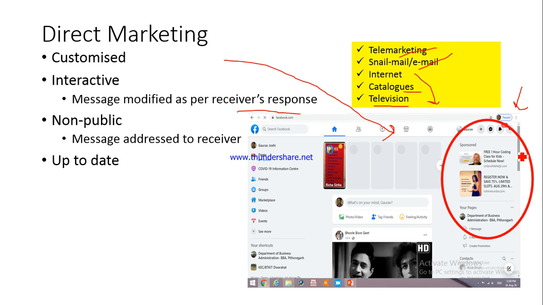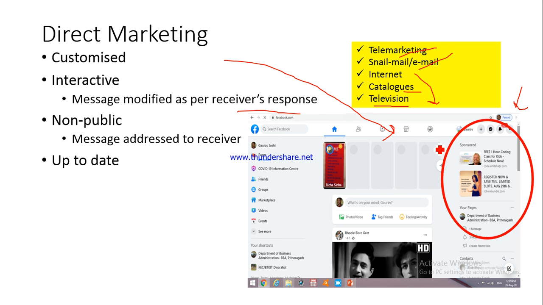It could so happen that this information is relayed by Facebook to the marketer, and then they would place another ad on my Facebook page that would show the word discount prominently, and they would show discounted coding classes. So the message sent by the marketer has been modified according to my requirements, and within a moment.